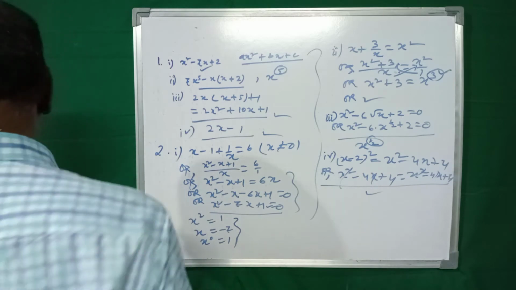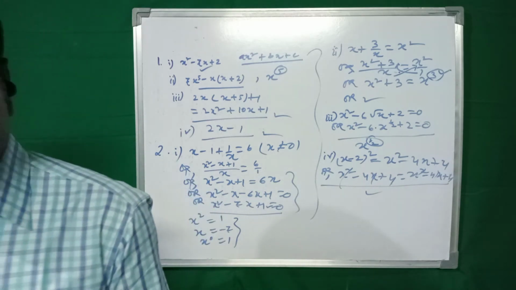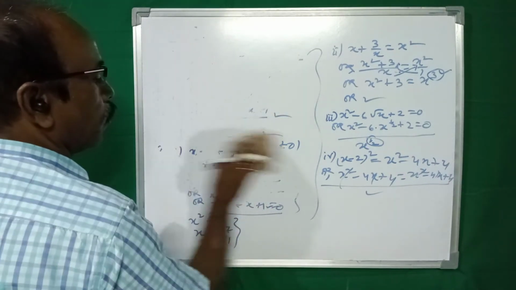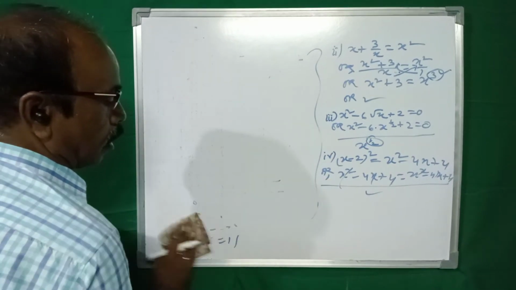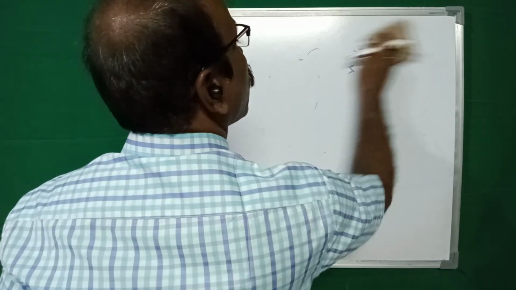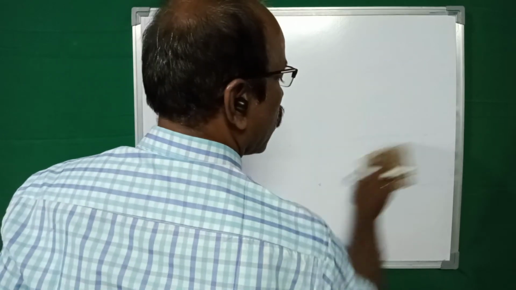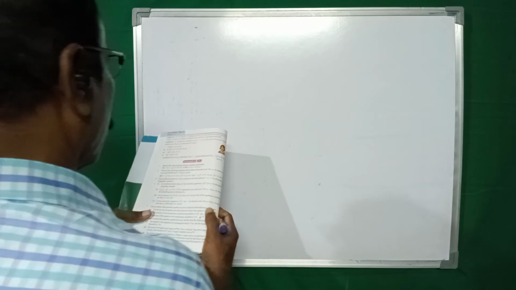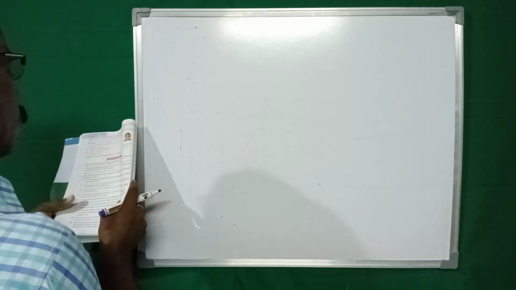Now in the third question, let us determine the power of the variable in which the equation x to the power 6 minus x cube minus 2 is equal to 0 will become a quadratic equation.